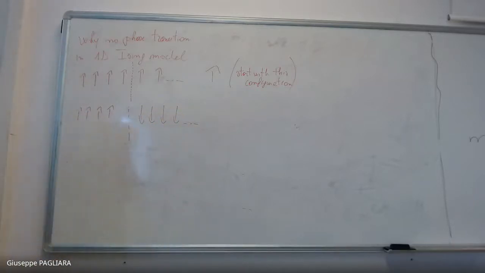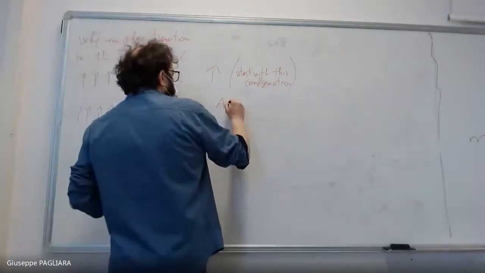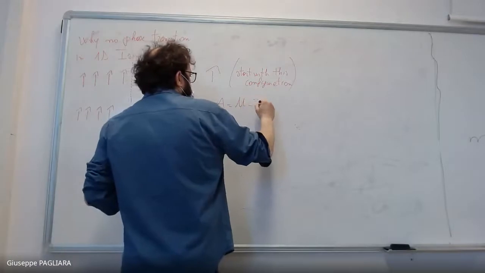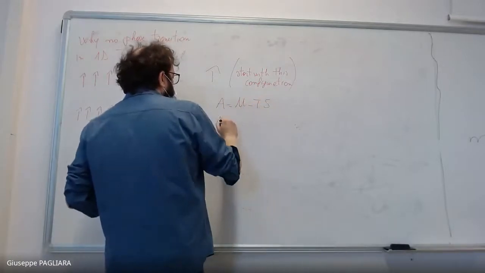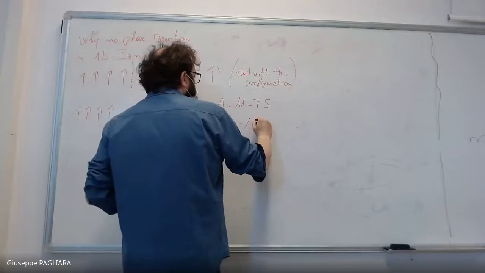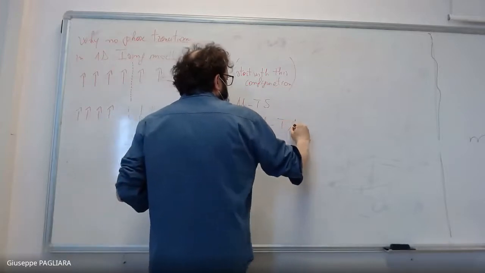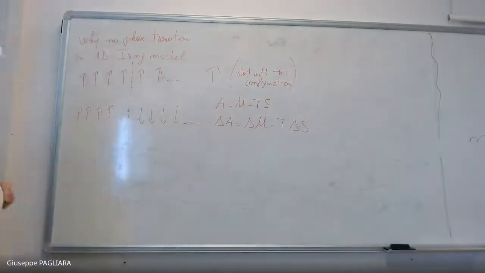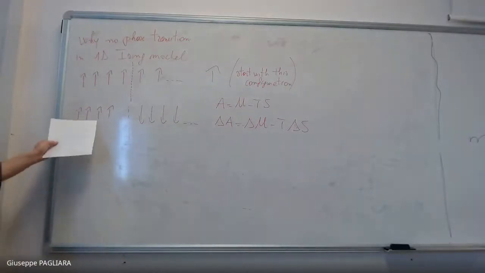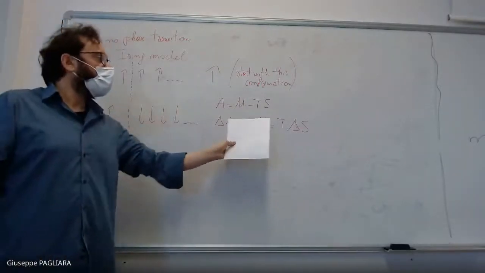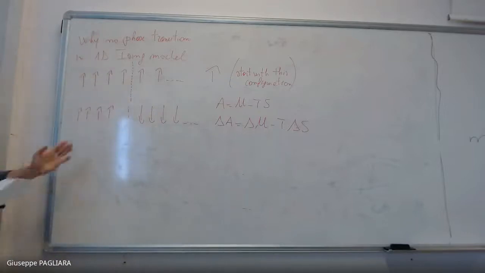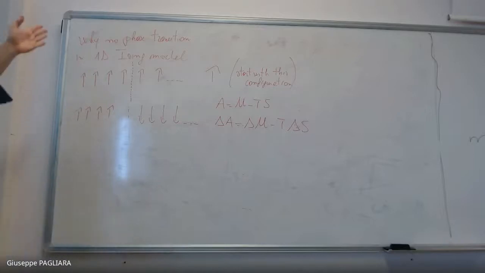And you ask yourself, what is the change of the Helmholtz free energy when doing this trick? So the Helmholtz free energy A is U minus TS. And so delta A will be delta U minus T delta S. Now the thing is to compute the variation of internal energy and of entropy when doing the operation of flipping all the spins to the right of this separation.